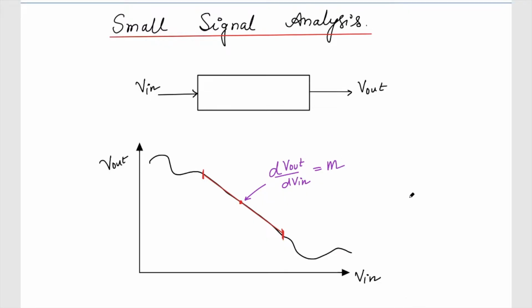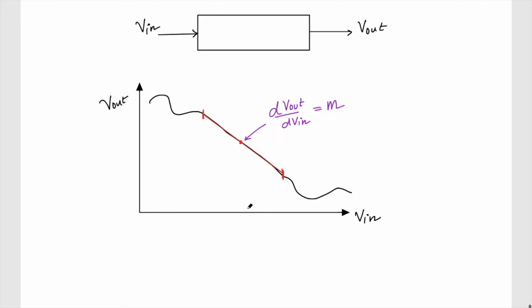Okay, so now if my signal is varying around this point, what I mean is I'll be fixing the V in here, and I'll be varying my V in around this point. So this is my delta V in, and my delta V out, the corresponding V out, which will be coming here.